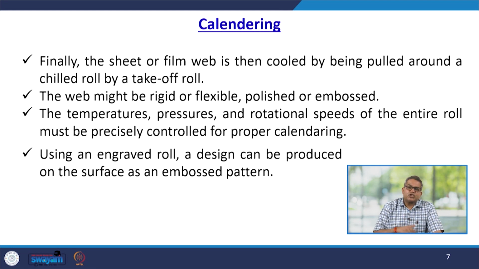Finally, the sheet or film web is cooled by being pulled around a chilled roll by a takeoff roll, and the web might be rigid or flexible, polished or embossed as the case may be, and the temperature, pressure and rotational speed of the entire roll must be precisely controlled for proper calendering. Using an engraved roll, a design can be produced on the surface as an embossed pattern.